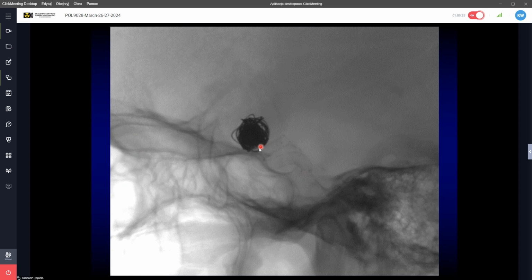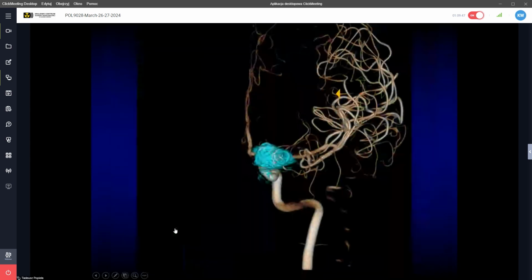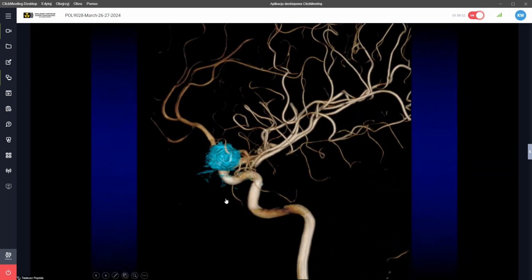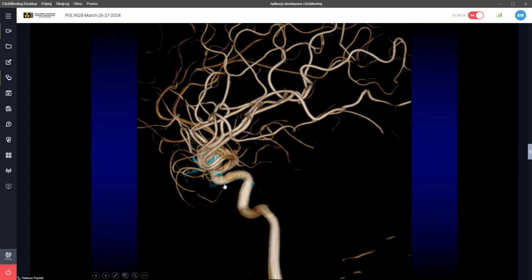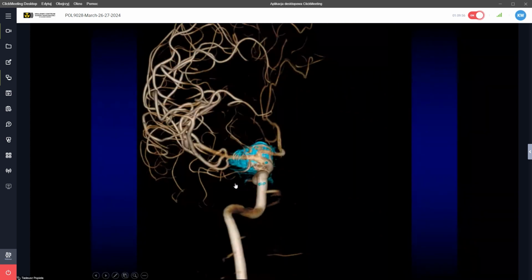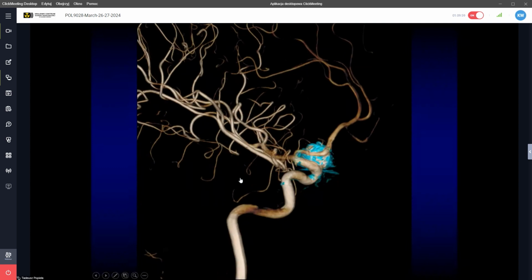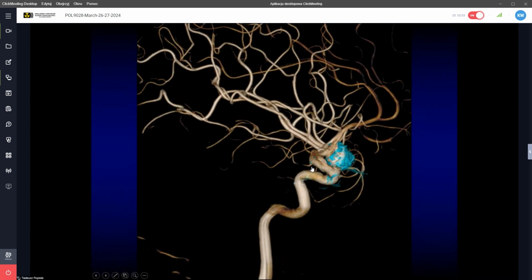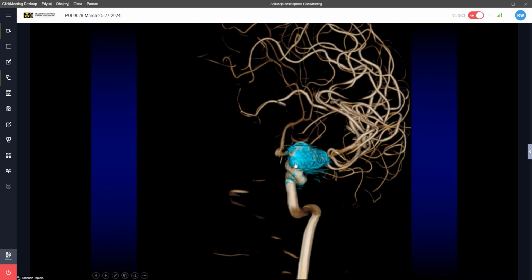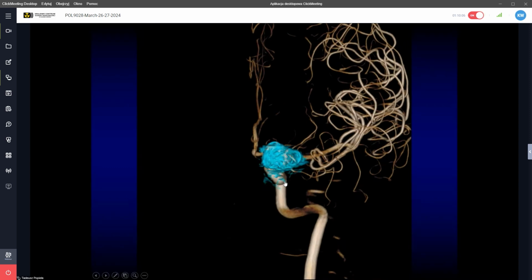The stent is covering the neck of the aneurysm, and here are the coils inside the aneurysm sac. And there's the 3D reconstruction, which is always performed as a control. You can see in blue the aneurysm with the coils, and you can also see the part of the stent in the internal carotid artery.